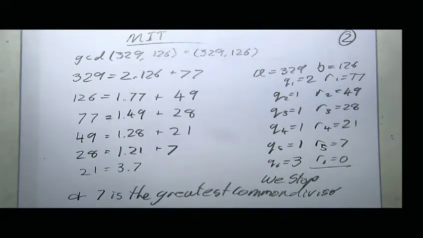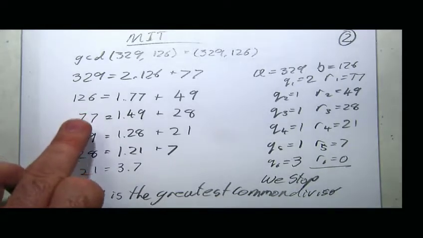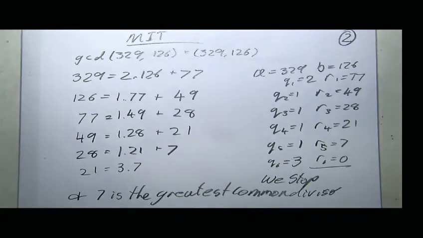If you look at the second one, my 126 is equal to 1 times 77. I could have actually written that as 2 by 77 minus whatever the appropriate amount is, and that might have made the whole process shorter.